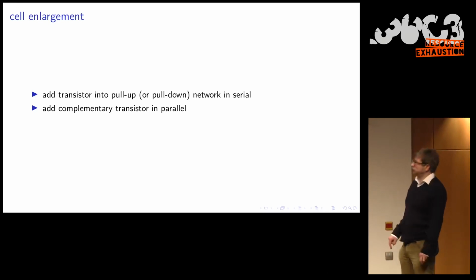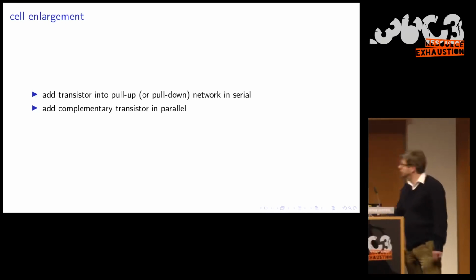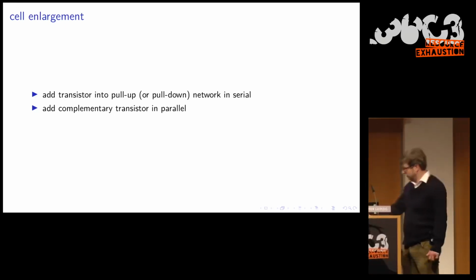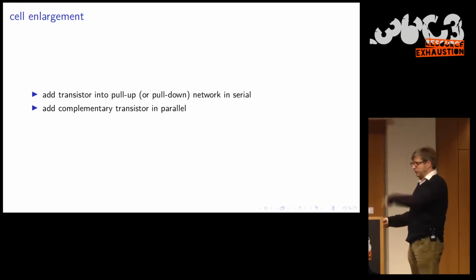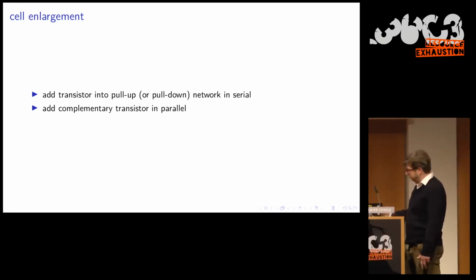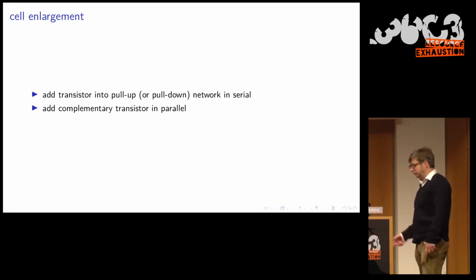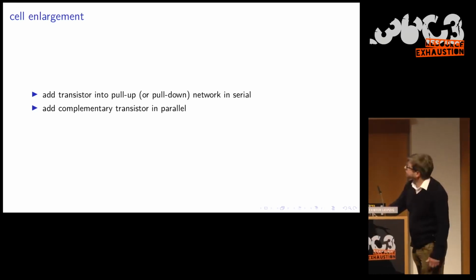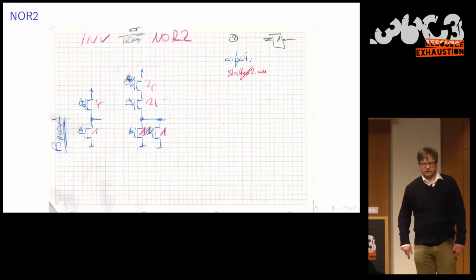That is quite easy in CMOS. So I wrote a tool for it, but it's still a bit buggy. Add in series for one network and in parallel for the other one.